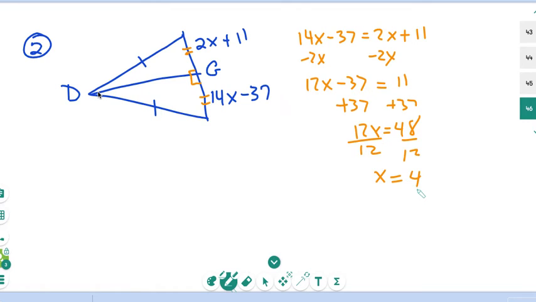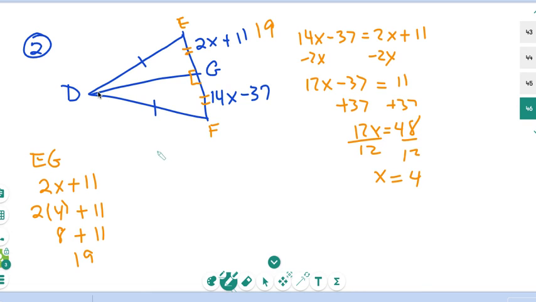Now, if I go ahead and add in our label, let's do E, let's do G, and then let's do F. So now we should be able to find EG, because it's going to be 2x plus 11. So 2 times 4 plus 11. 8 plus 11 is 19.